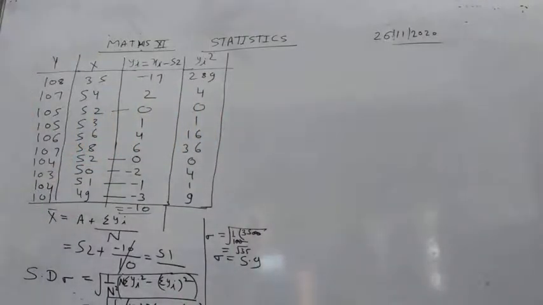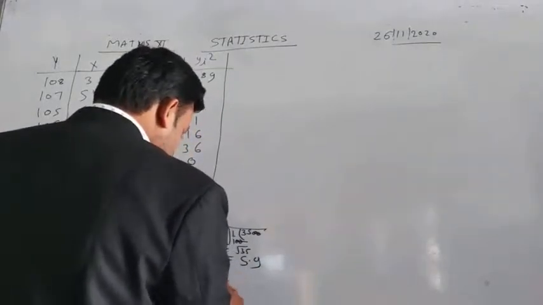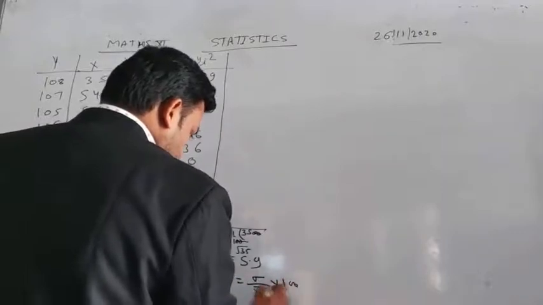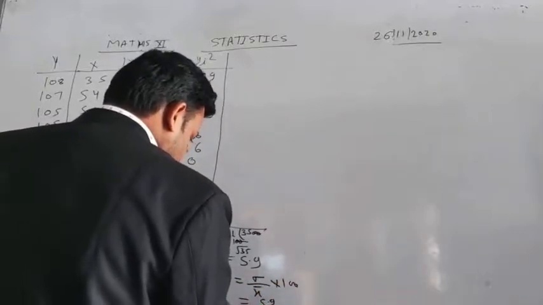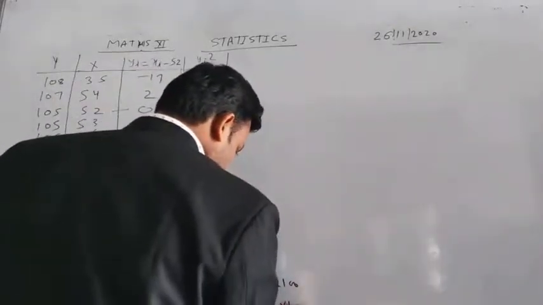Now we will find our coefficient of variation. So CV will be sigma upon X bar into 100. Sigma is 5.9 and X bar is 51, into 100.